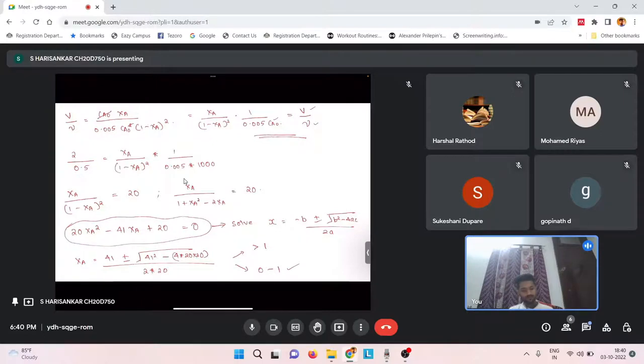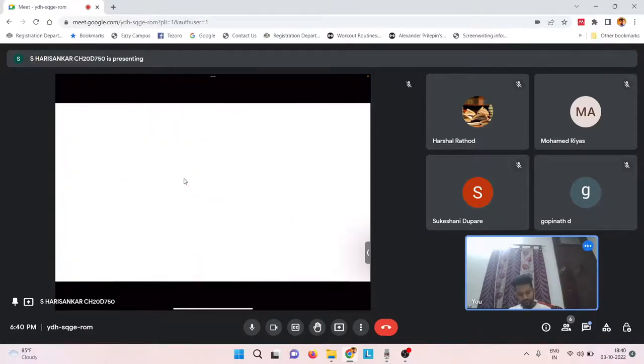So XA, by solving this quadratic equation, and the quadratic equation is 20XA square minus 41XA plus 20 is equal to 0, we'll get XA as 0.8.